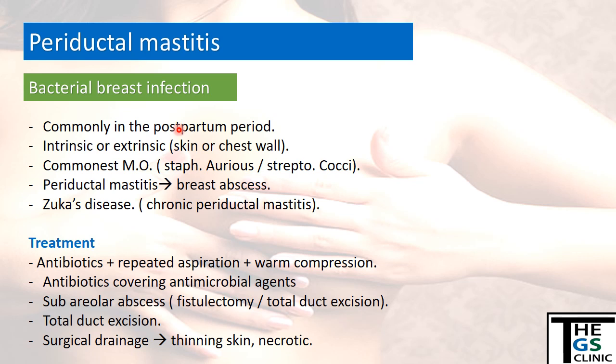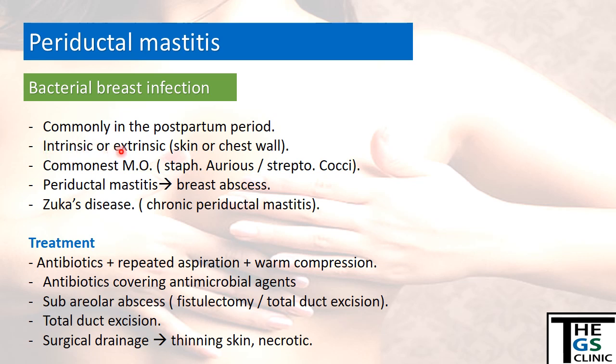If we ask ourselves why does it happen in the postpartum period, this is obviously because of the change in the breast that is caused by the dilated ducts that are full with milk, which has a high protein and fat content, and it is a medium which is very appropriate for the overgrowth of bacteria, especially if it is stagnated and there is no breastfeeding.